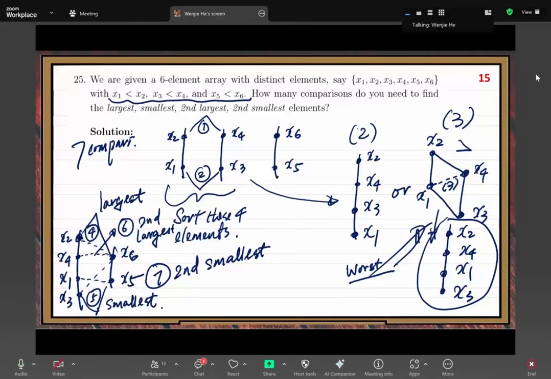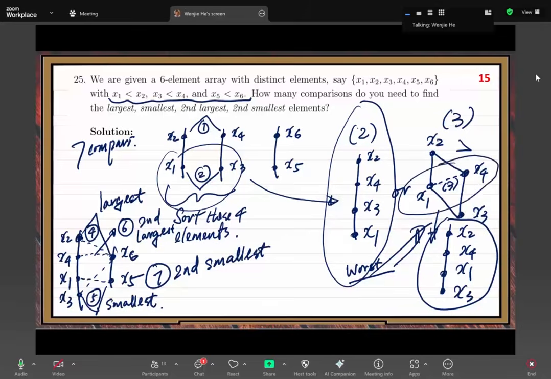But then when we do the second comparison, if X1 is less than X3, it's not a worst case because we already get it sorted. So in our worst case, X1 should be greater than X3. But we don't know the order between X1 and X4.